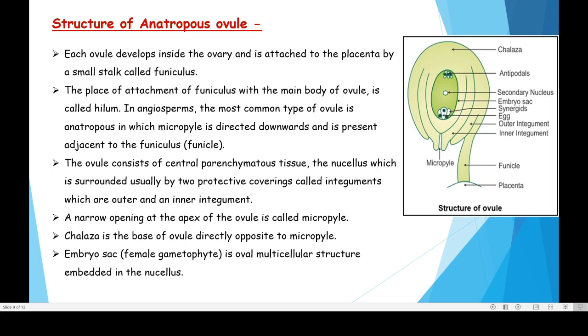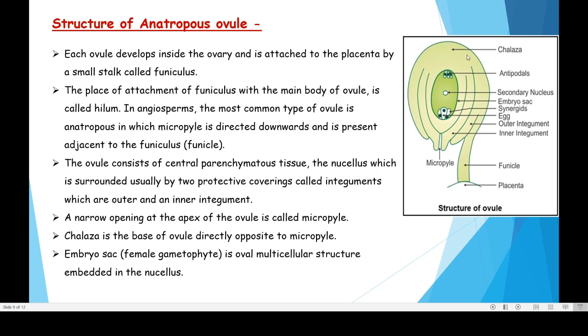These integuments show presence of an opening at the apex of the ovule. Here you can see an opening, and this opening of the integument is known as micropyle. And opposite to this micropyle, you will find the presence of chalaza.